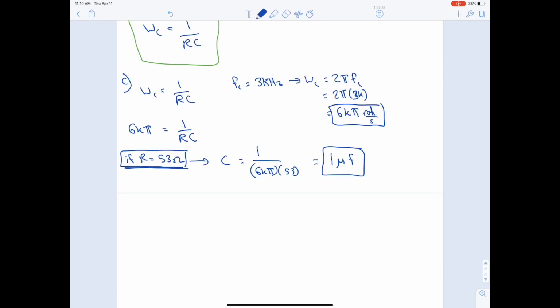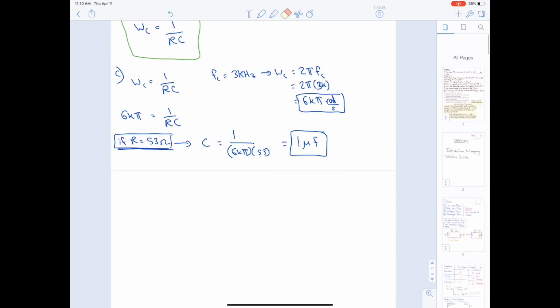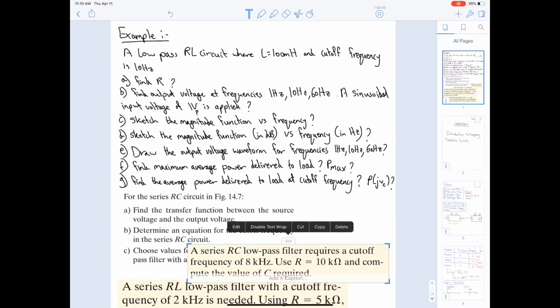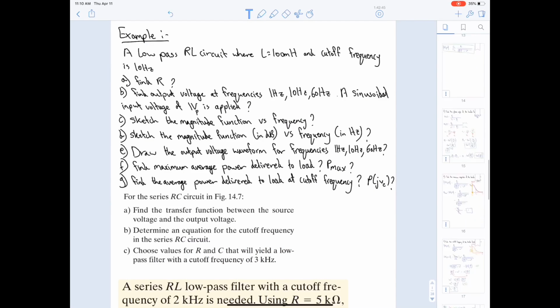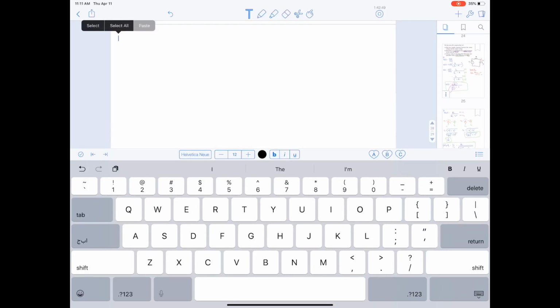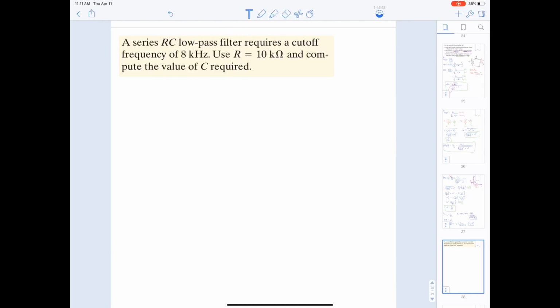Good. Let's move on to the next question. The question says a series RC low pass filter requires a cutoff frequency of 8 kilohertz.